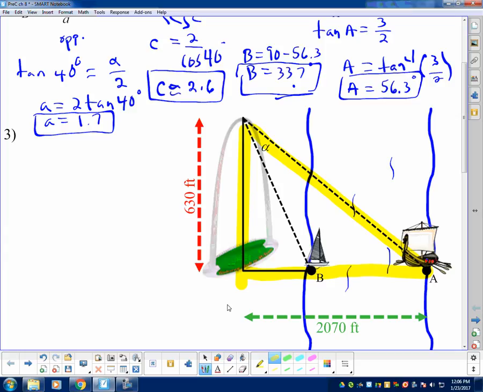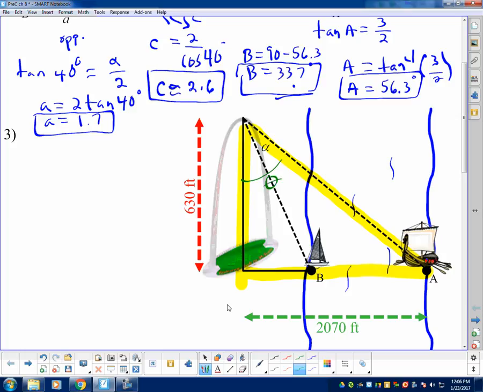So the big one, you can see we have the 2,070 and the 630. With that information, and I know alpha is 39.4, we can find this entire angle from here to here. Let's call that entire angle theta.